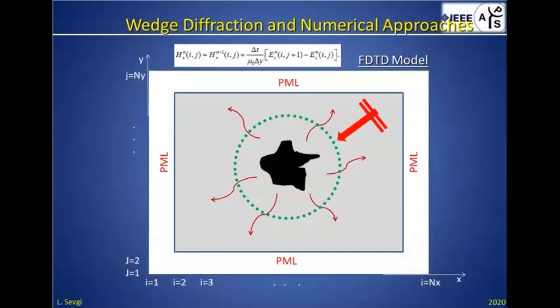So you send a signal from a given direction, and you record electromagnetic waves around the object with dozens of receivers.